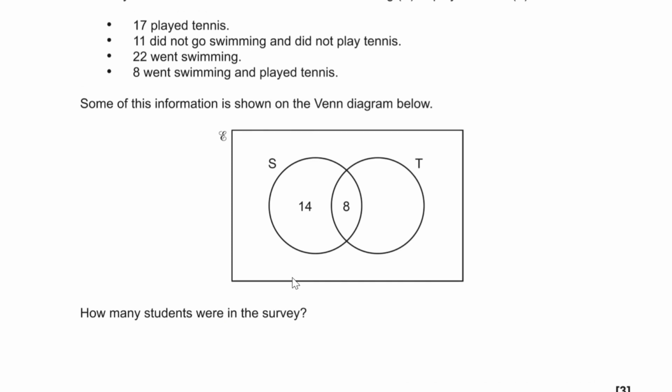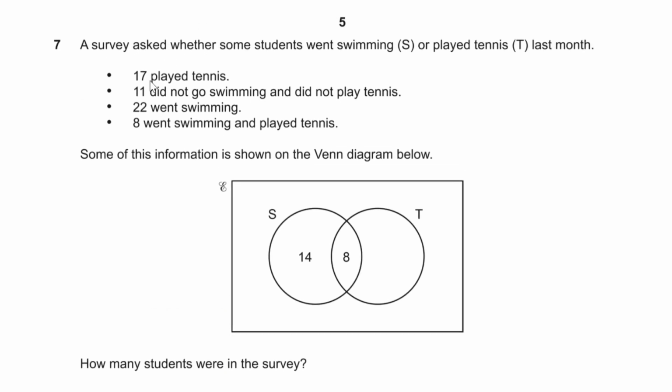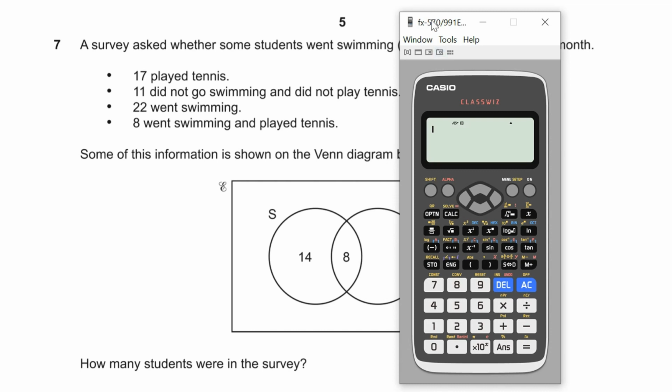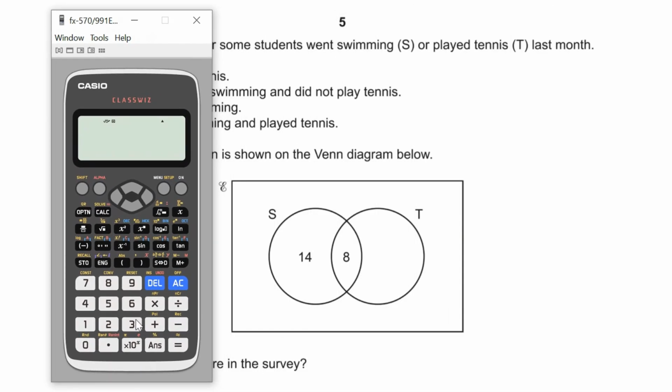Well, if we take each statement one step at a time, we have 17 in total who played tennis. So this circle over here is equal to 17. And therefore, to find out the number of those who play tennis only, we have here 17 who play tennis in total, take away the 8 who also swim.